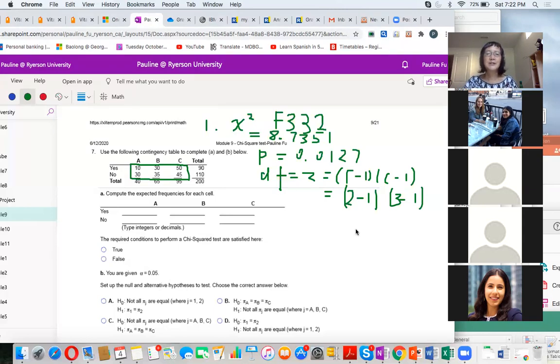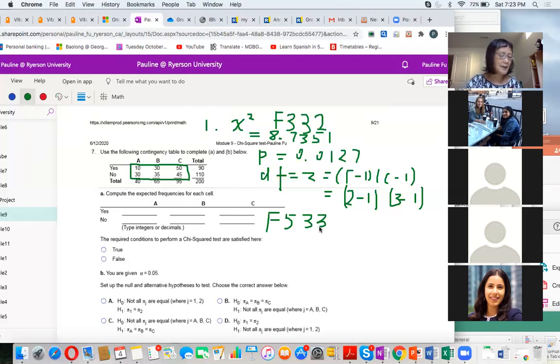And the last question, what is the critical value? To get the critical value, you press F5 distribution, and then F3 chi-square. After that, F3 again, inverse chi-square.